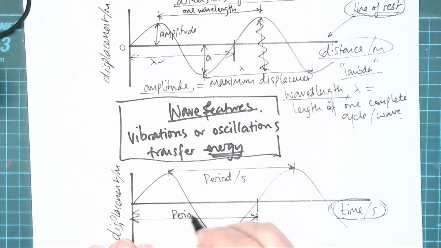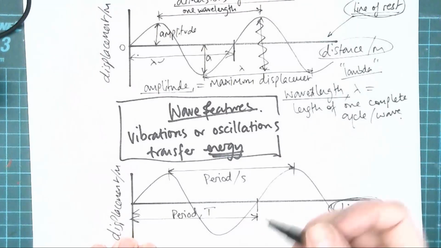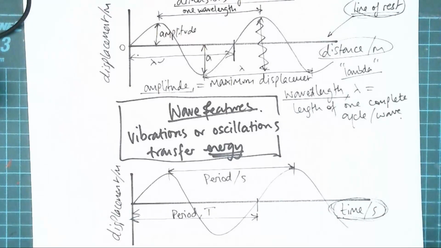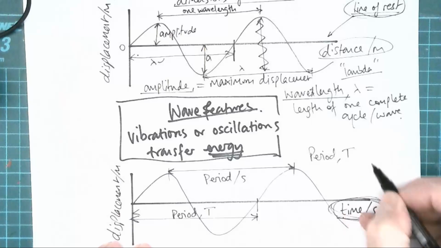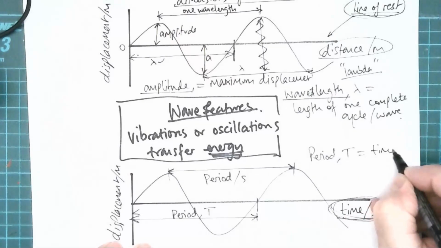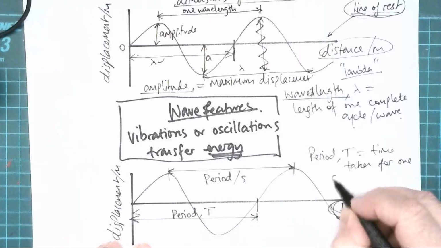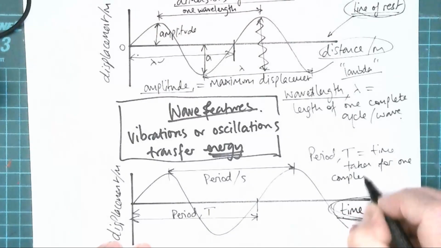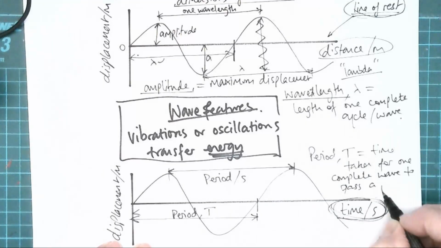And we use a capital letter T for period. Okay, it's measured in seconds. So period, symbol is T, is the time taken for one complete wave to pass a point. Okay, so it's a measurement of time.